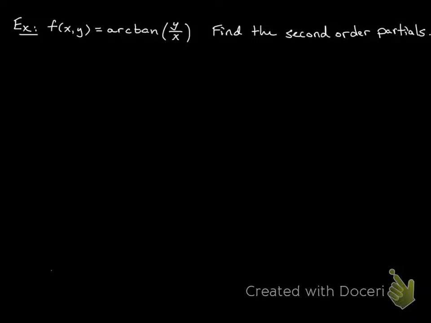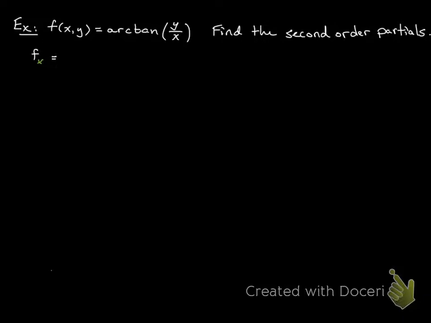We have to remember the derivative of arctangent of something. Okay, so first I'll take the first partial with respect to x, right? And we can just use this subscript notation. That's nice enough for us here. When I take a partial with respect to x, I take the derivative of arctangent of something, and we remember that y is a constant, right?